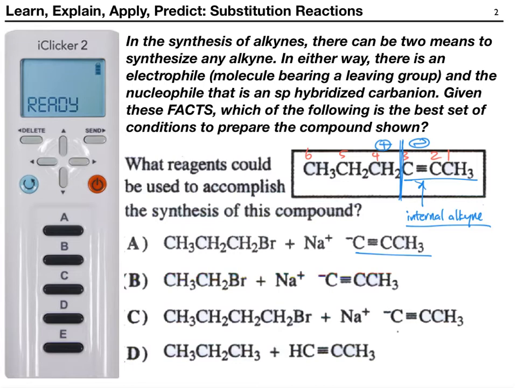No, Blakely, you want to include the alkyne already in one of the starting materials. So Aiden says 1 and 2. That's correct. We want the alternative method, so I'll use green. We want to make that bond.